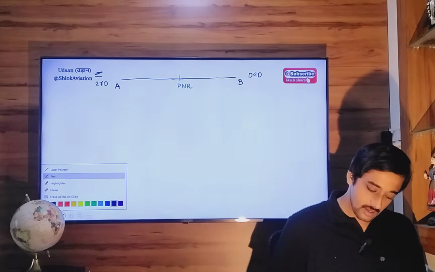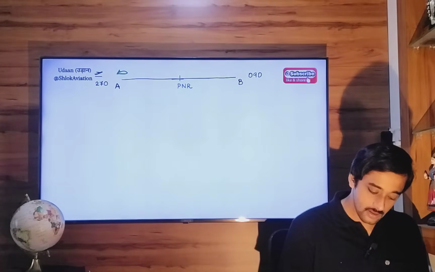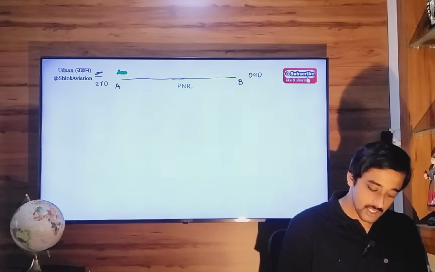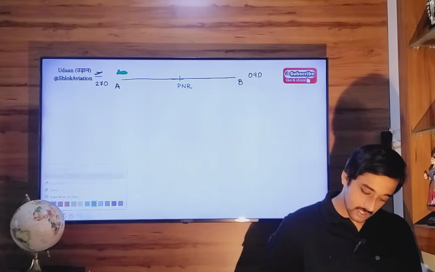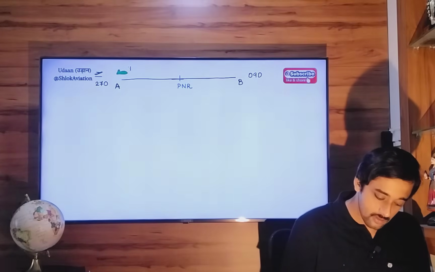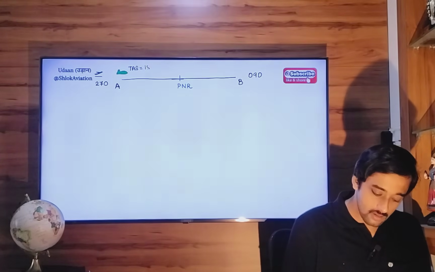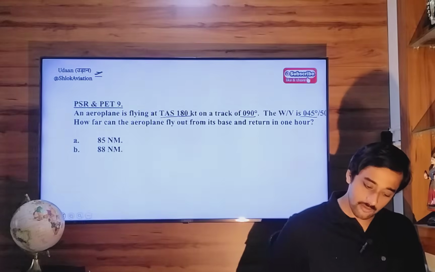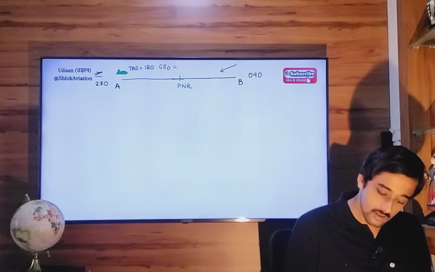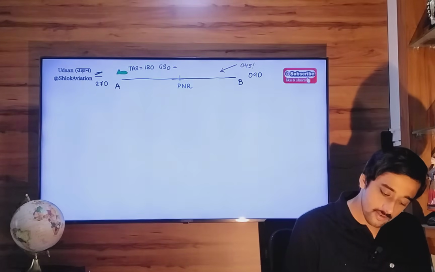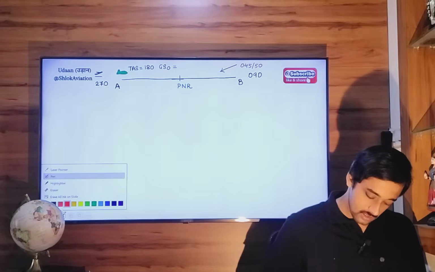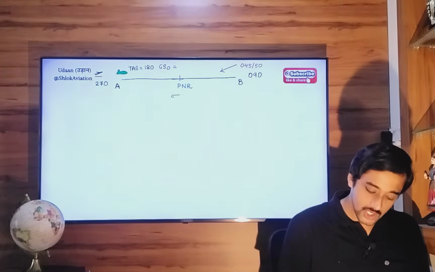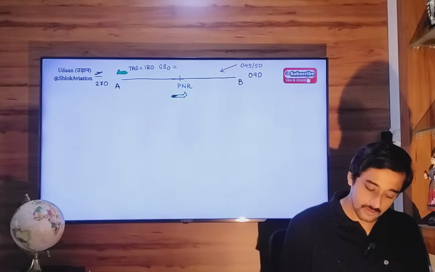Okay, this is your aircraft. Now the true airspeed of this aircraft is equal to 180. Winds are coming from 045, 50. This is your aircraft flying homebound.